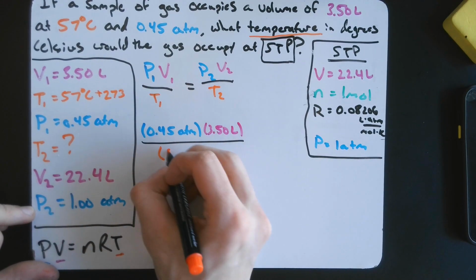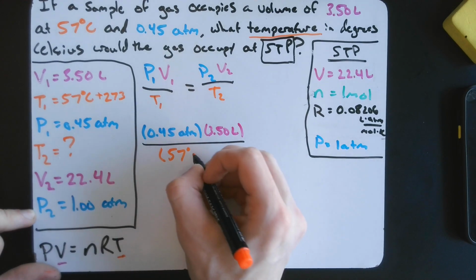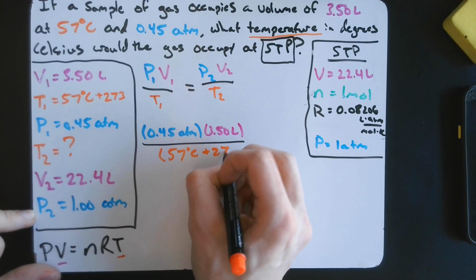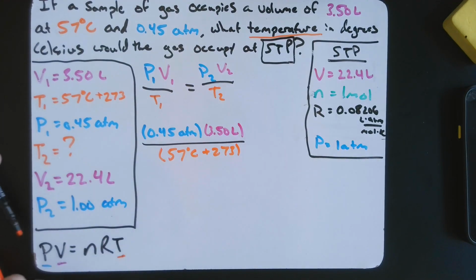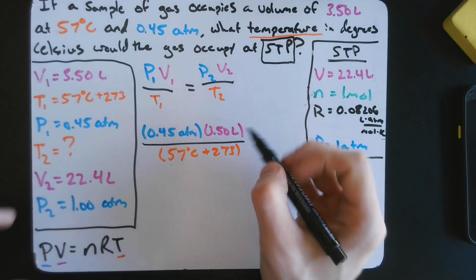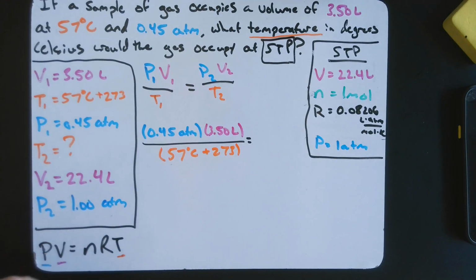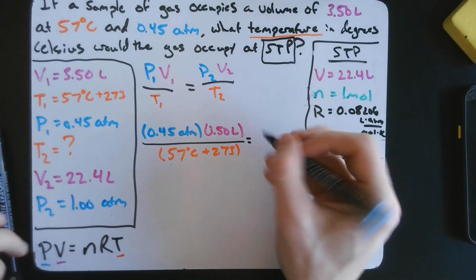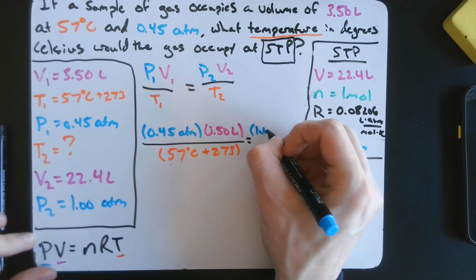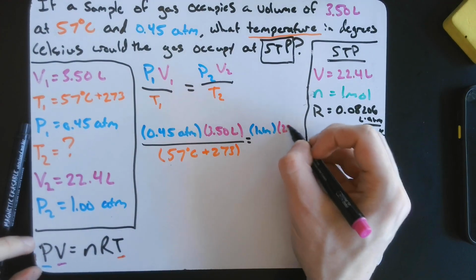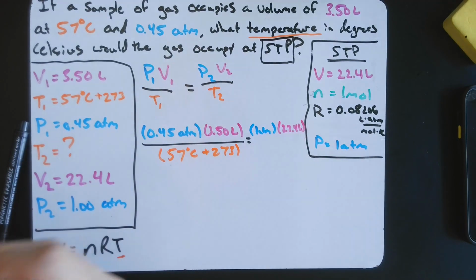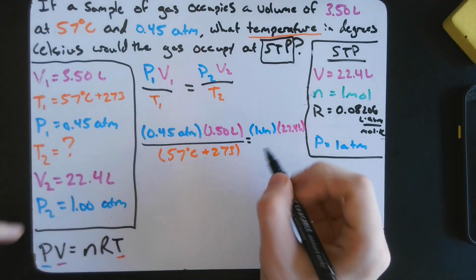Adding 273 is how we convert from degrees Celsius to Kelvin. And we're going to set that equal to the other side of the equation, which is our P2. This is all just STP, right? 1 ATM times V2, which is 22.4 liters, all over T2.